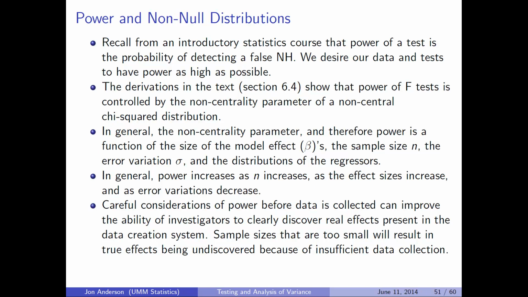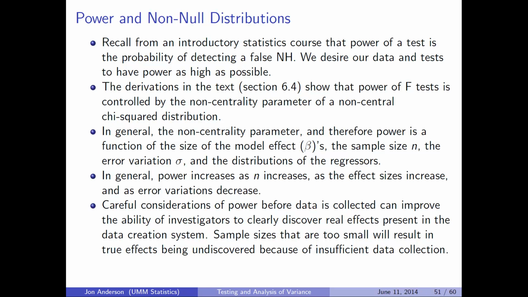In this section, we are going to talk again about power of a test. We hope that you have been introduced to the idea of power previously in some other kind of course. It's just the probability that you would be able to determine that a null hypothesis was indeed false. This is kind of what we hope for when we do statistical inference.